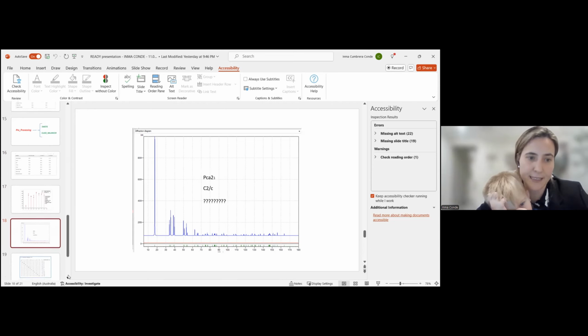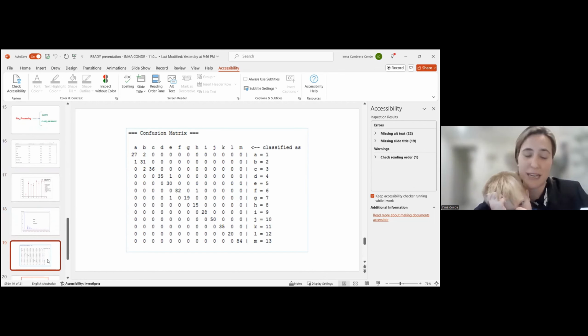So let's quickly go to the confusion matrix. The most important results are shown in what is called the confusion matrix, which is this one. The 13 Bravais lattices are labeled from A to M, and the classification results range from 1 to 13. If I look under column A, there were 27 plus 1, 28 materials that belong to class A. 27 were correctly classified in A and 1 erroneously classified in 2.